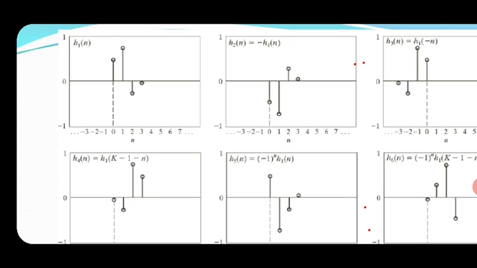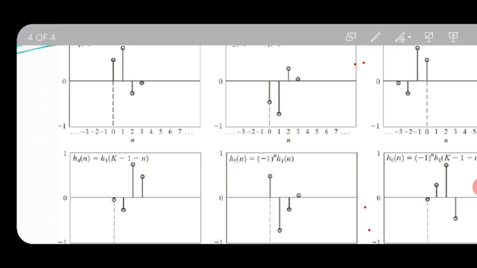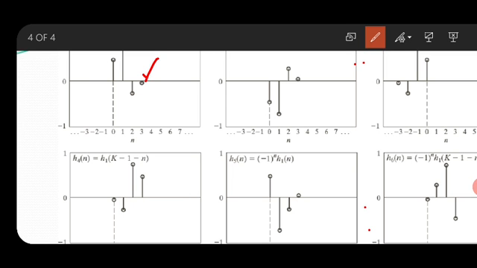Let us take k starting from 0. When applying h1 of k minus 1 minus n, it is not a mirror image like in the third diagram, where all the samples are replicated at the other end, in the second quadrant. In the fourth one, you replicate within the same quadrant. Look here: this sample, at h of 3, now becomes h of 0, and h of 2 will be at h of 2.